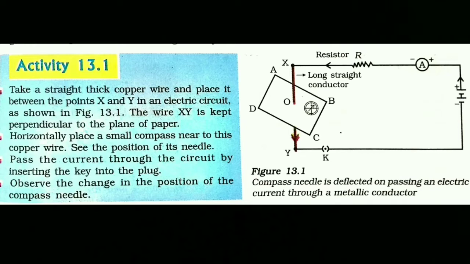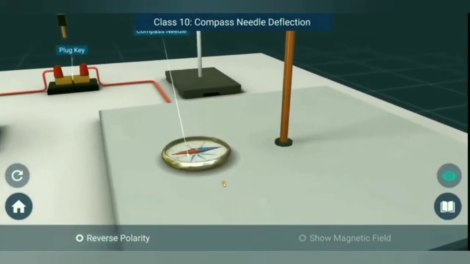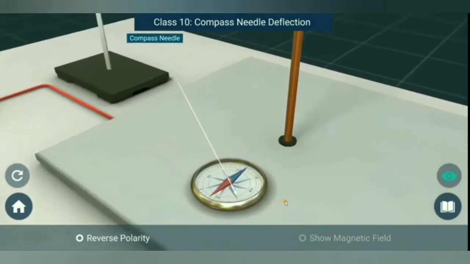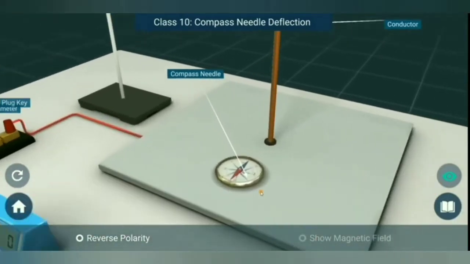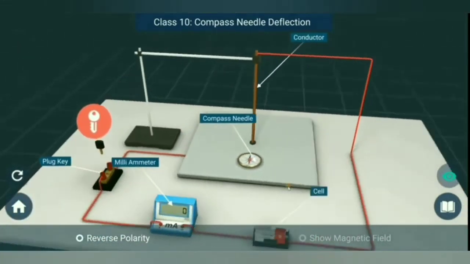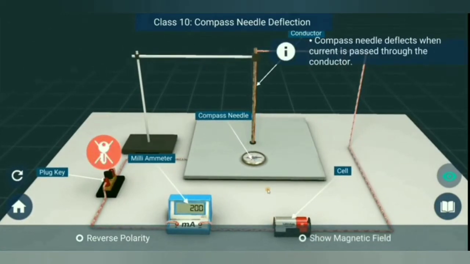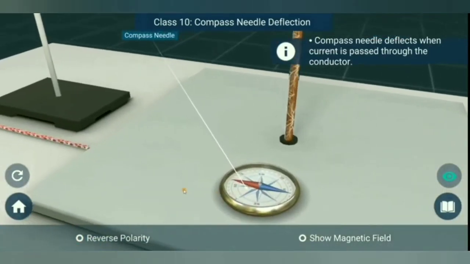Now let us take a look at this video. The circuit diagram looks like this. Here we have to observe that the compass is placed near the copper wire, and observe the compass needle now. That is before passing the current. Now pass the current and observe that the position of the needle has changed.